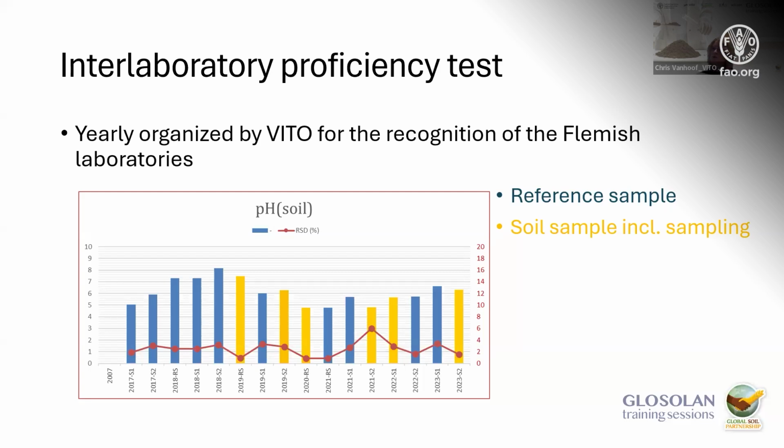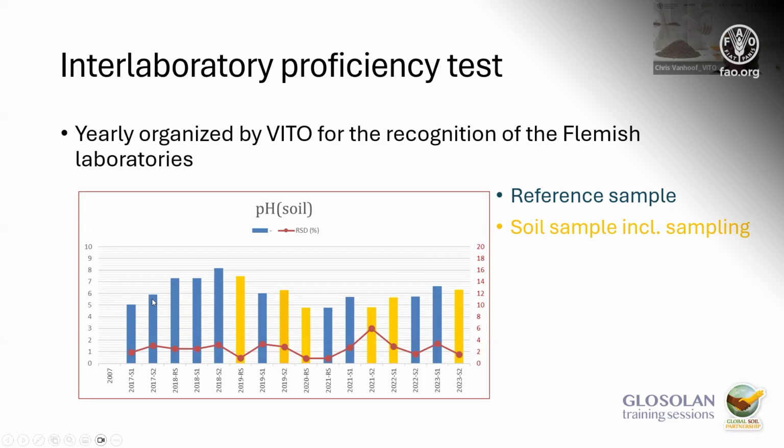These are the results not only from VITO, but from all participating labs, from 2017 up to 2023. The blue and yellow bars represent the pH value, and the red bar, on the right axis, represents the relative standard deviation.